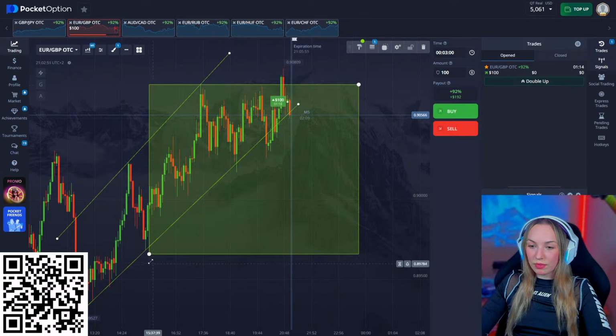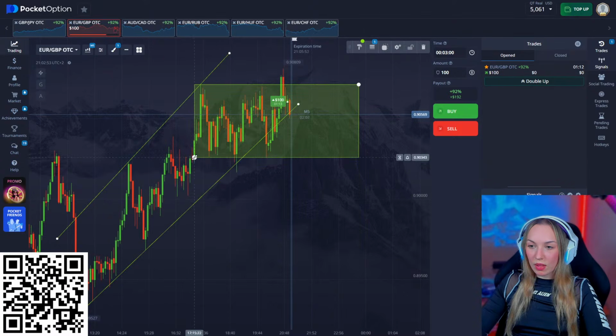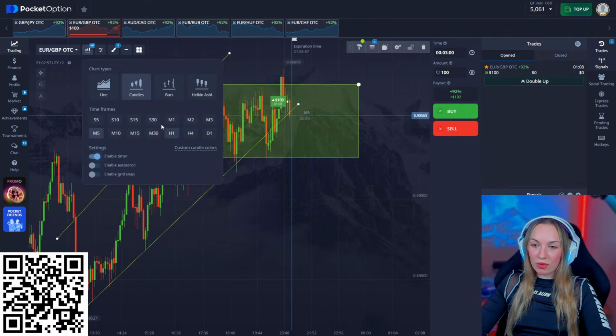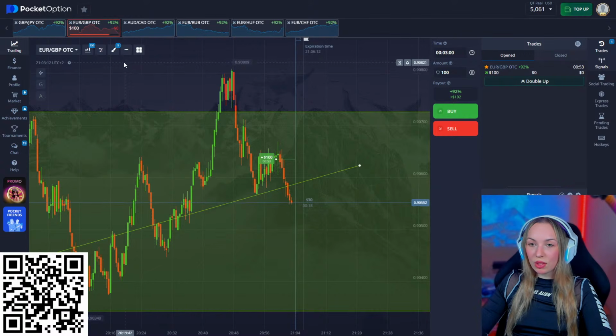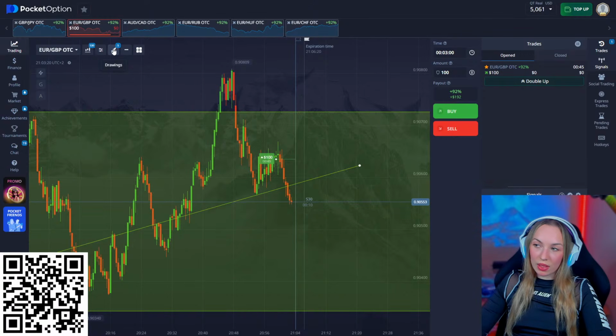So here we can say that the price changed the direction of the trend. And the trend became lateral. And after lateral, it can change to the downward trend. Or maybe upward trend again.